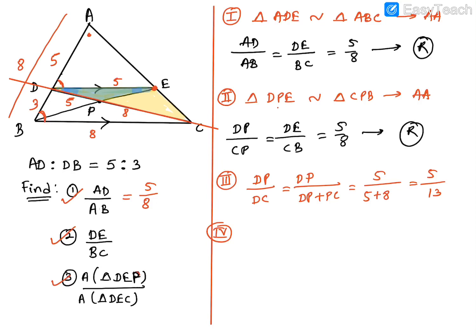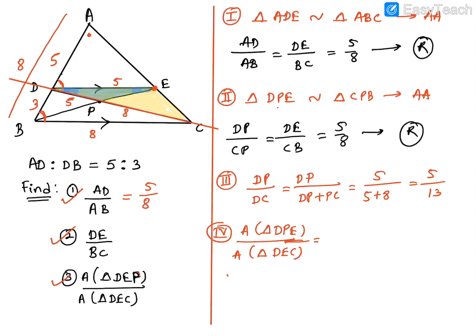Yeah, look at this. So these are the bases. Is it clear? Their bases are in the same straight line. So now what we can say, that area of triangle DPE upon area of triangle DEC is equal to what?